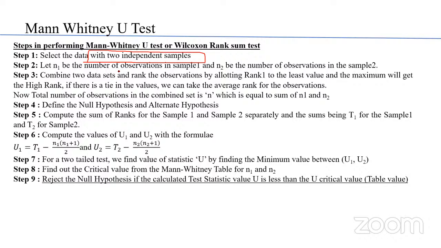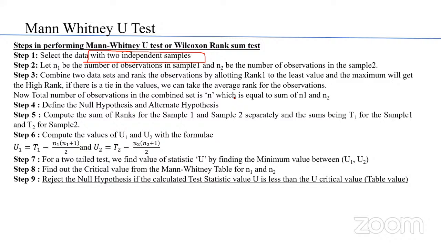Yeah, please. For the Mann-Whitney U-test, taking two independent samples would be, suppose we are checking the same variable in two genders, like males and females, or suppose we are checking intelligence in two or three sections, A, B, C.